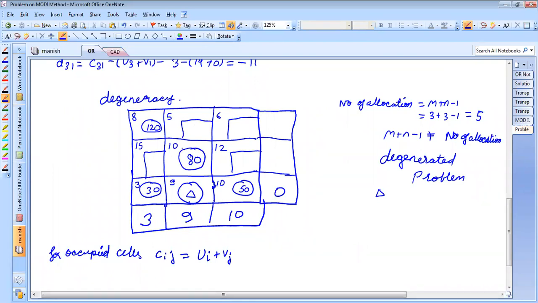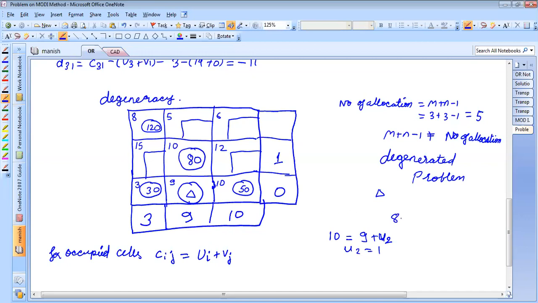Similarly, I can calculate for this cell: 10 minus 9 will become 1, isn't it? u2 will become 1, that is 10 minus 10 is equal to 9 plus u2, isn't it? So u2 will become 1.